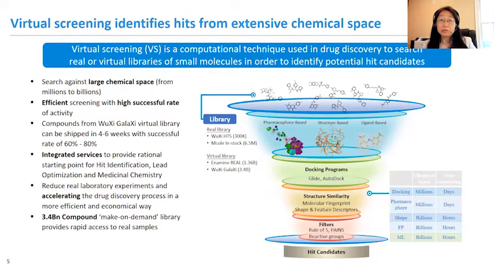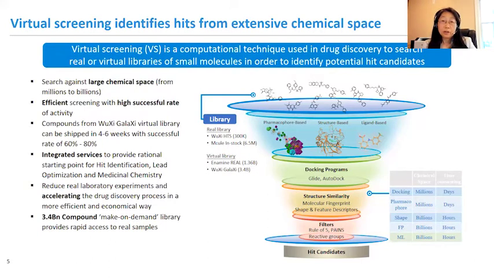So the libraries of input can be either real or virtual, which ranges from hundreds of thousands to millions of compounds, or the virtual library. In the virtual library case, it's ever growing. The WuXi Galaxy currently provides about 3.5 billion compounds to prosecute.